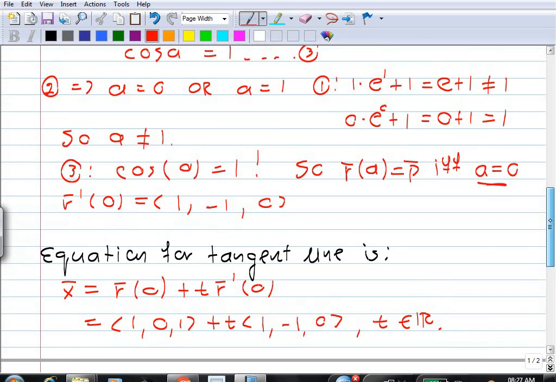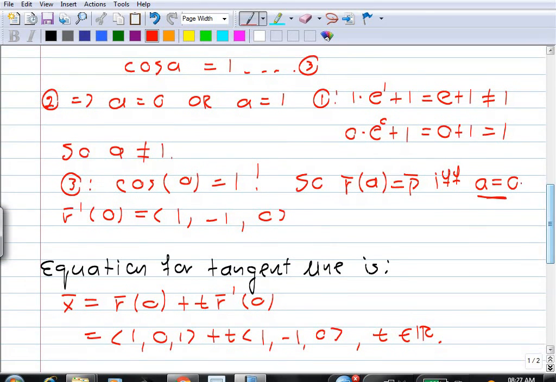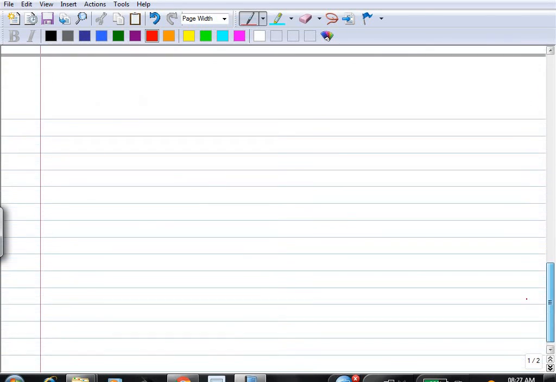Now, it's very important here that you check carefully your solutions when finding the point a so that r of a is P. One reason why you have to be very careful is that it is possible for two different values of a to give you the same point. So for instance, the following is possible.